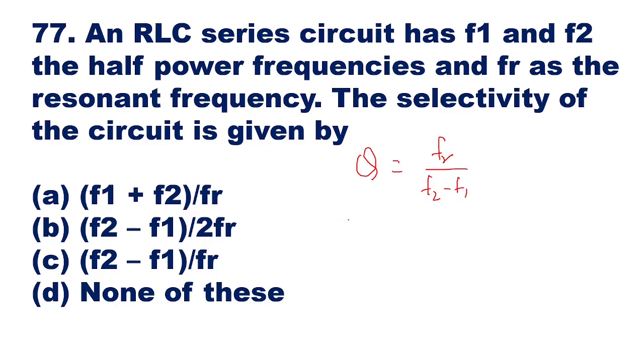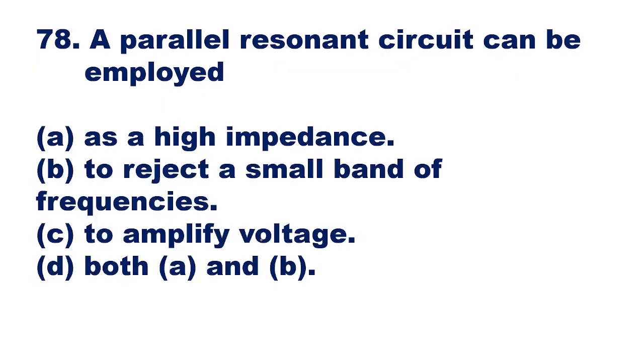Selectivity is nothing but the reciprocal of the quality factor. This will be the bandwidth upon the resonant frequency, F2 minus F1 upon FR. So option C is the right answer here. Then we'll go to the next question.